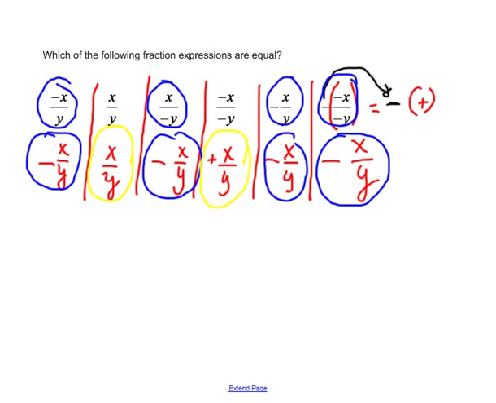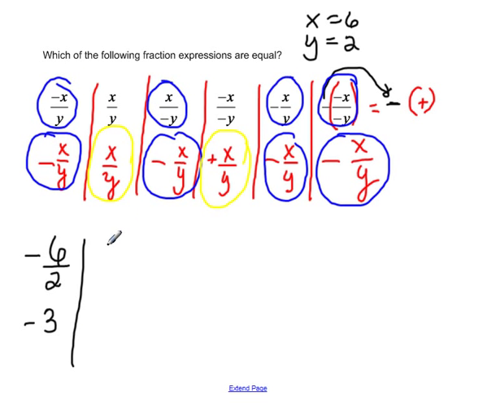Now this can be a little bit messy in terms of dealing with all the variables, but let's go ahead and put in some values for x and y. And let's choose numbers that make our lives easy. So if we let x equal 6 and y equal 2. My first one, if we put in 6 for x and 2 for y, negative 6 over 2 gives me negative 3.